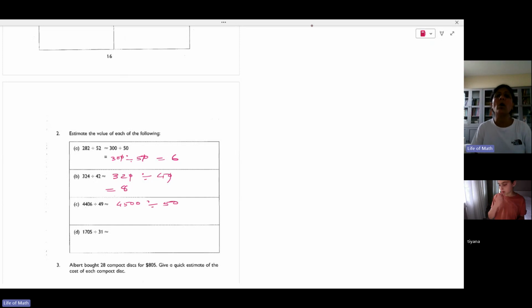So that will be a little bit off. You can round it, it is not wrong. But I'm going closer to the actual answer. So if I round one higher, the other one in division, I'm trying to round it higher, going closer to the real answer. This is very close to 4,500 than 4,000.